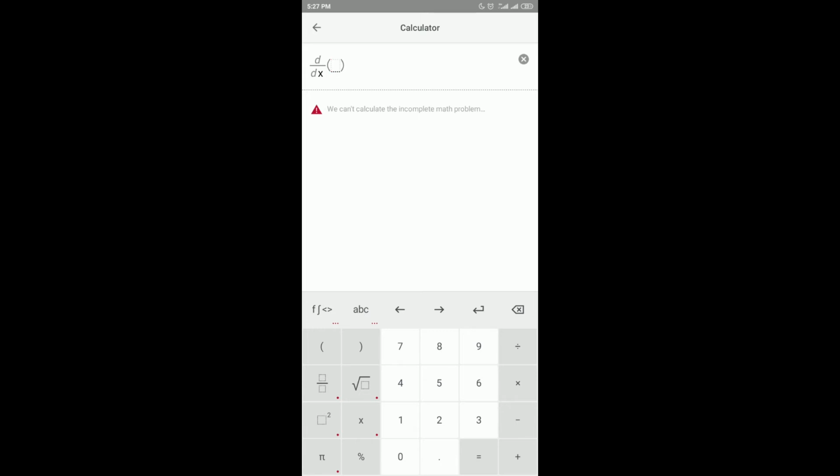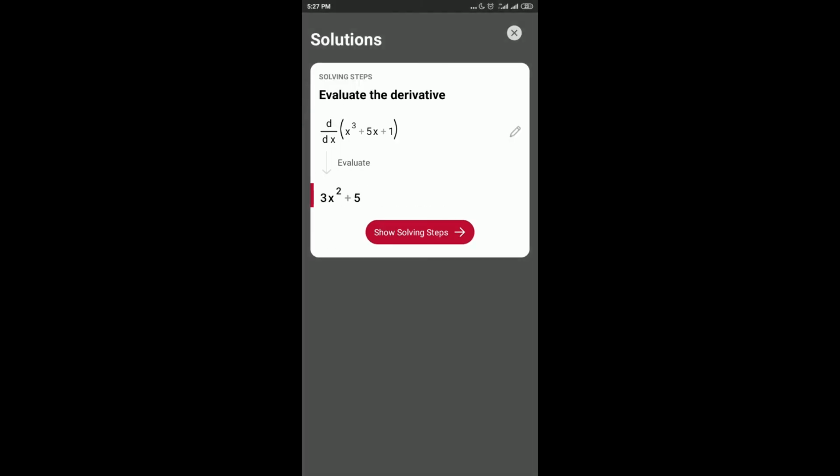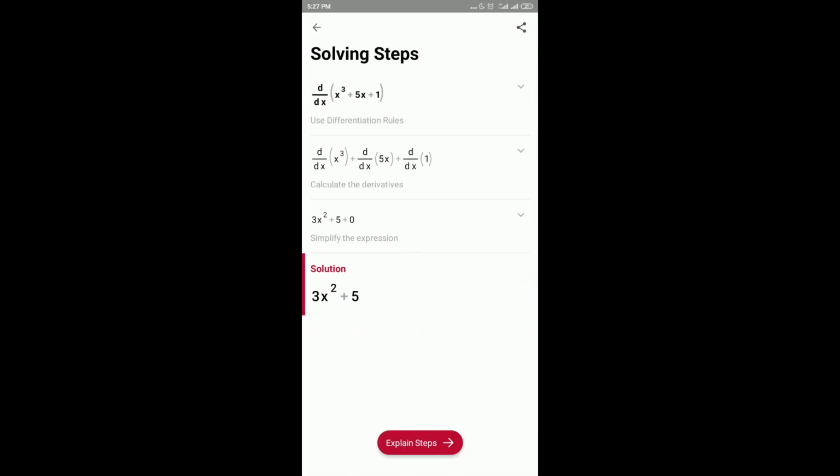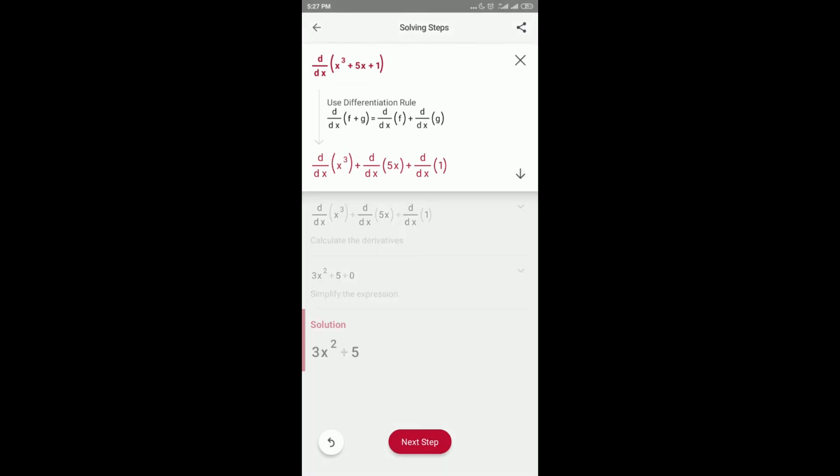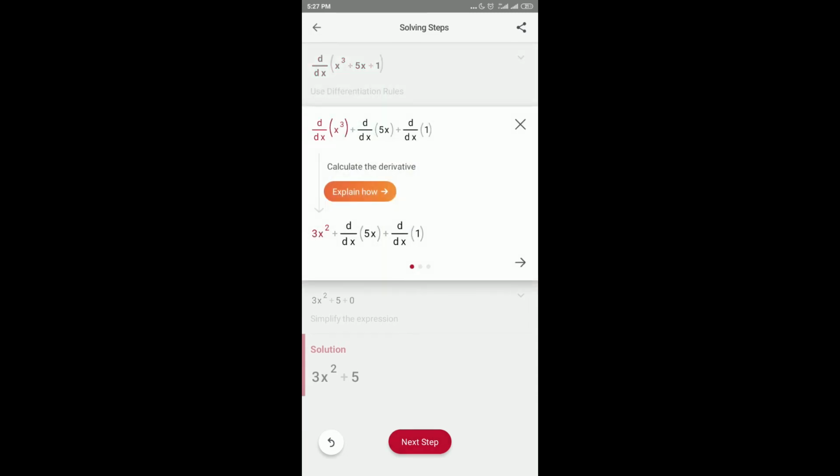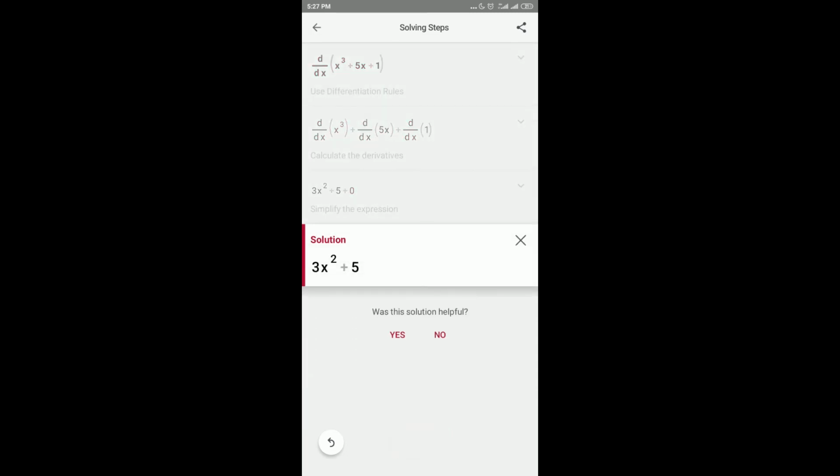For example, I want to differentiate x cubed plus 5x plus 1. Show solving step, and then I will get the final answer with the steps. It will give you the step detail until you get the final answer.